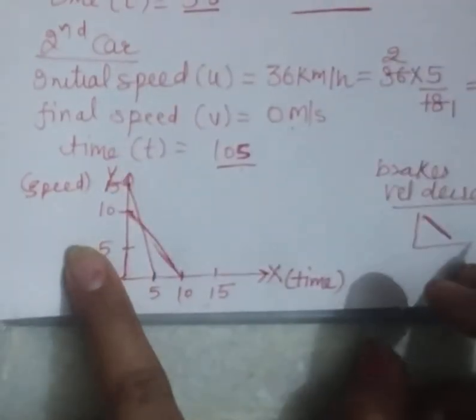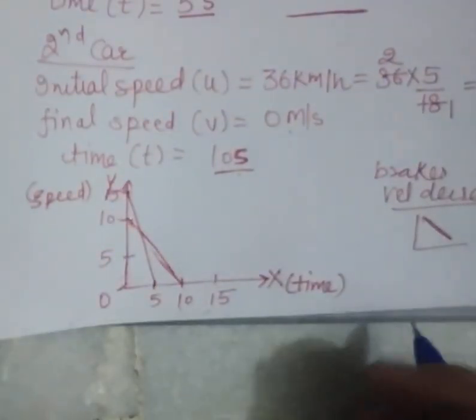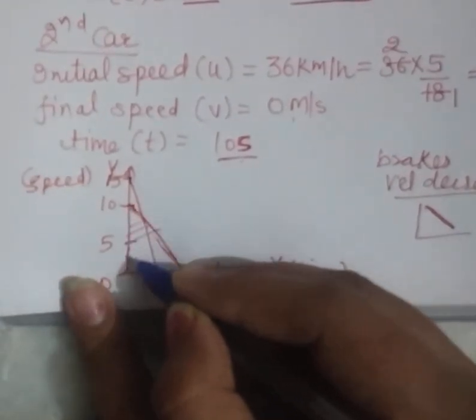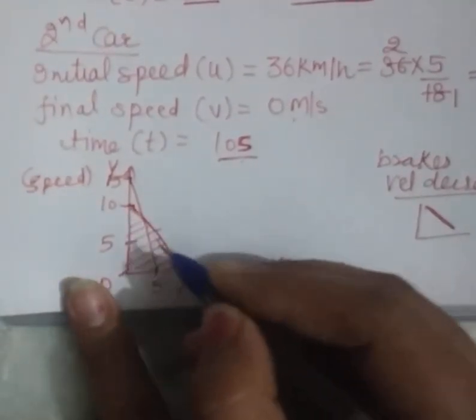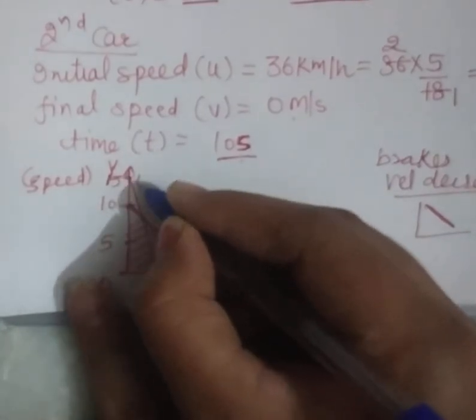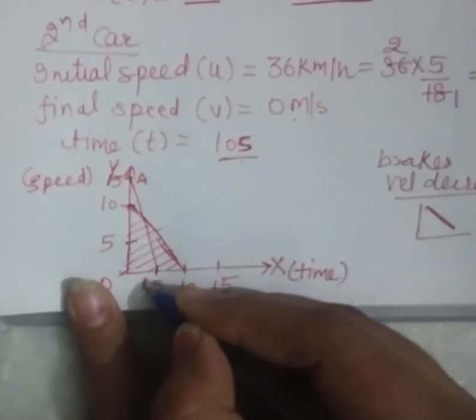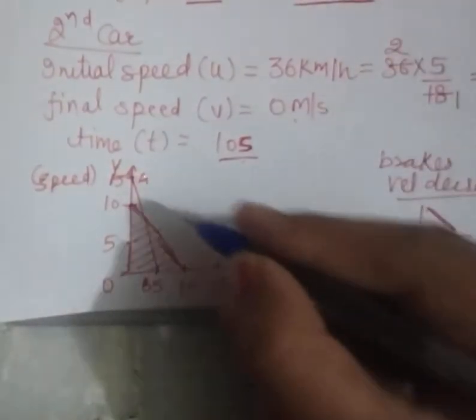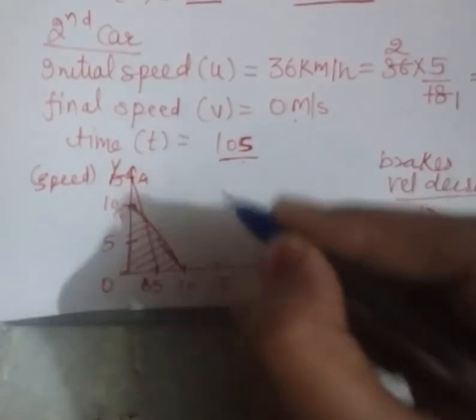Okay, so which one covers more distance? We have to compare. I may shade one so as to distinguish these two. Let it be O, this is A, this is B. So for the first car, ABO, and for the second car, COD.